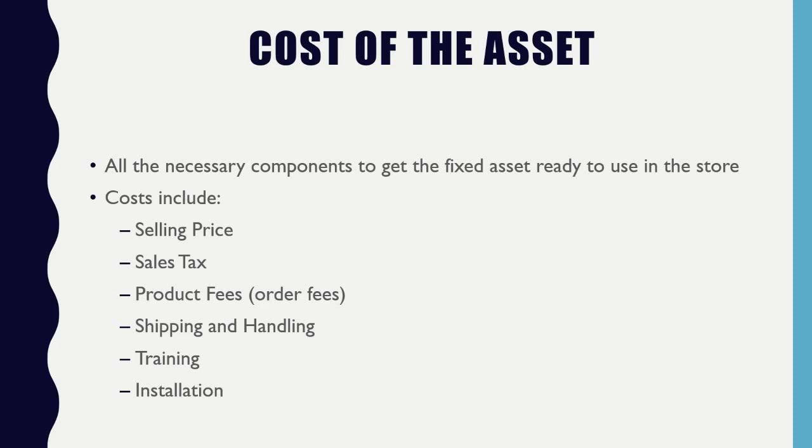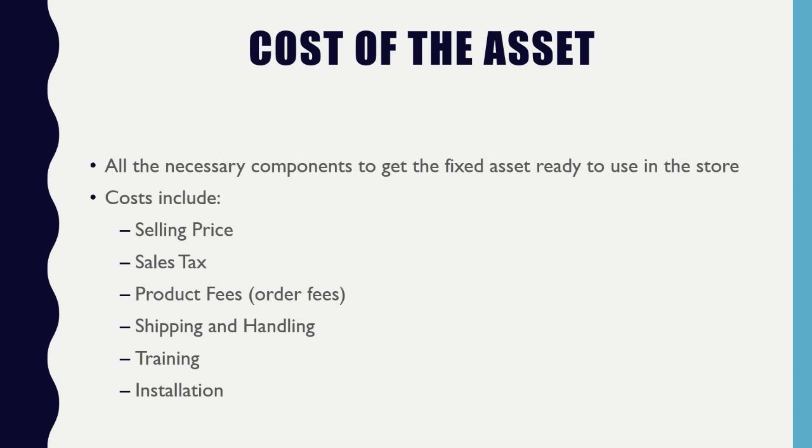If it requires training, so if you have a machine and you need a professional to show you how to use the machine, that's going to be considered part of the cost to get it ready for service, as well as installation fees. So if you need to hire somebody to install your fixed asset, that's going to be included as part of the cost of the fixed asset.